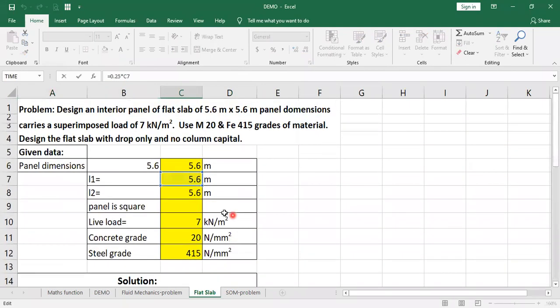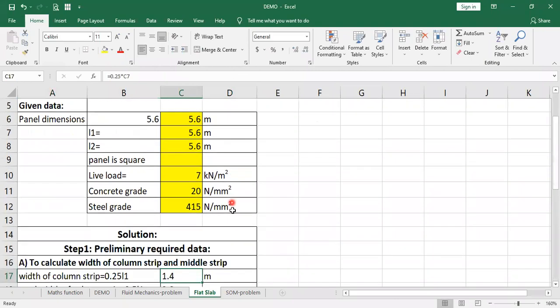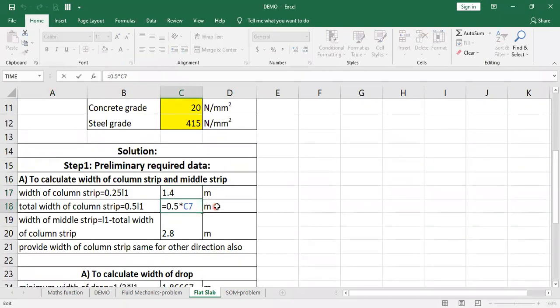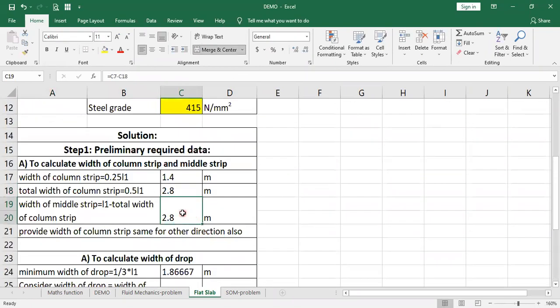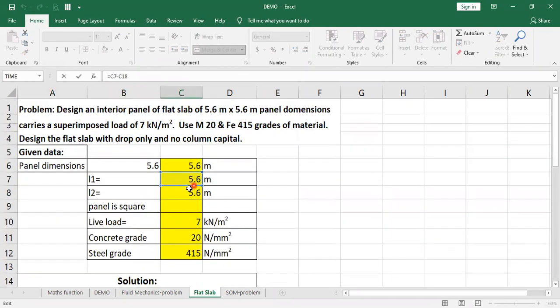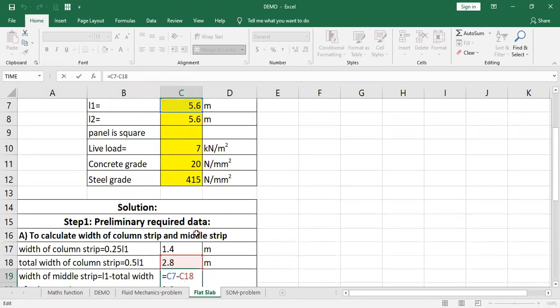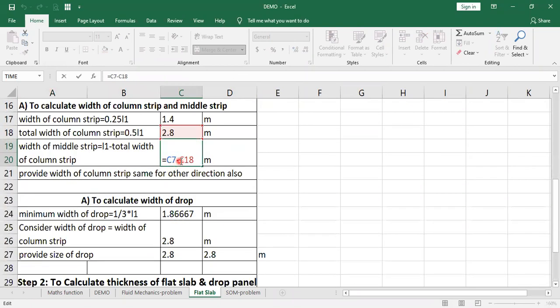If I mark here, you have to use the help of this cell address only. Always remember that you are going to use the cell address. Do not write any values here. If you write values instead of cell addresses, this program will be applicable only to the current problem, and you won't be able to edit it smoothly.